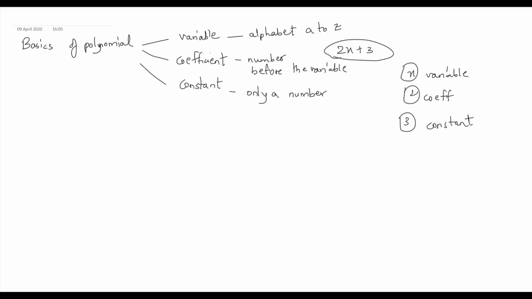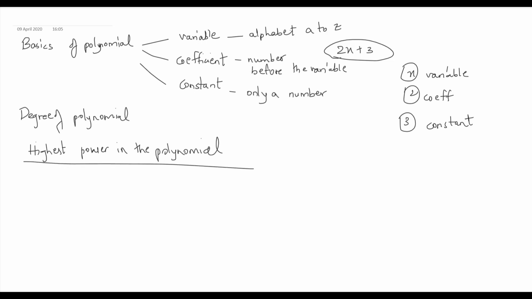All this we have learned in our class 9. Then we have learned degree of polynomial. What is the degree of polynomial? The highest power in the polynomial is the degree of polynomial.